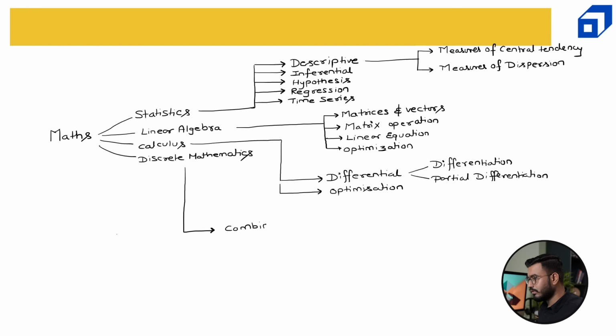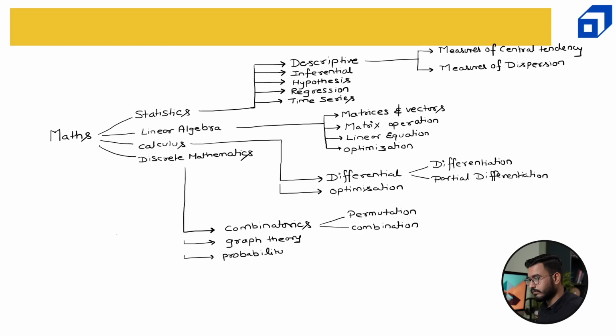The reason is discrete mathematics consists of topics like combinatorics, which is permutation and combination. The next thing is graph theory, followed by probability theory, and finally set theory.